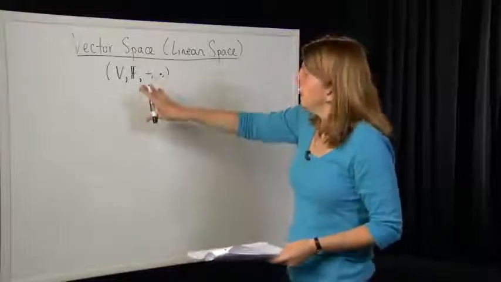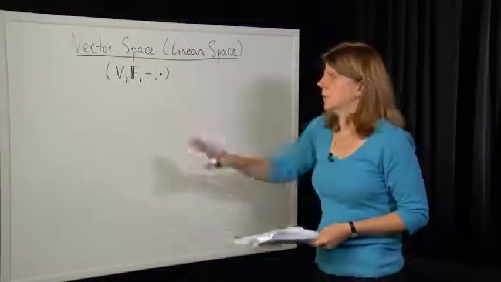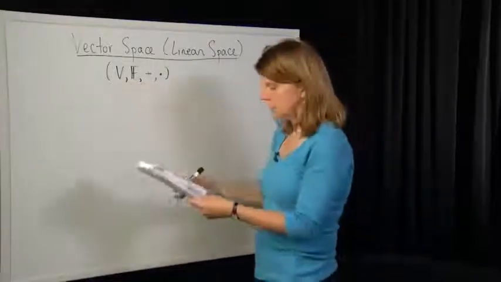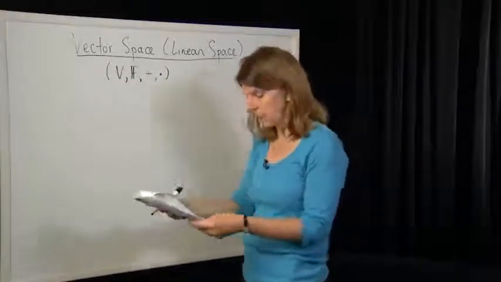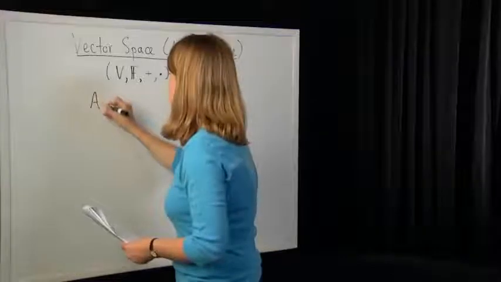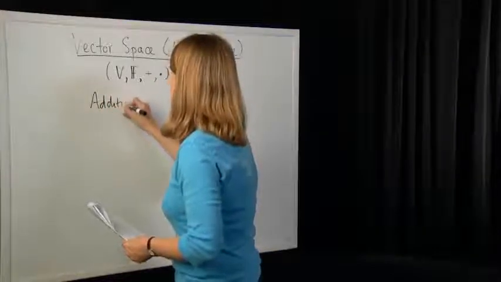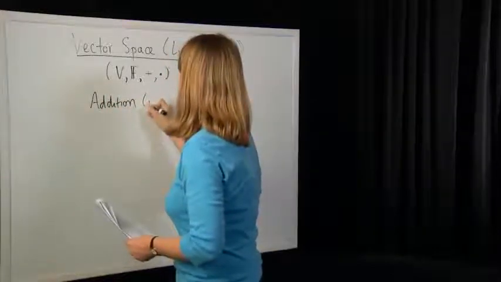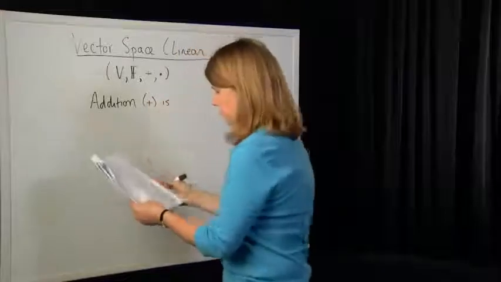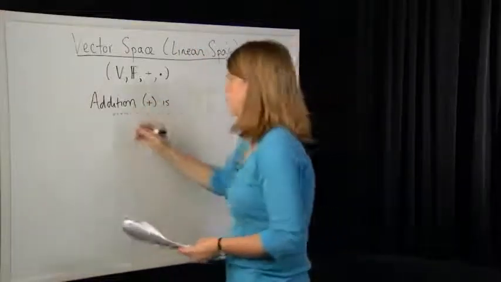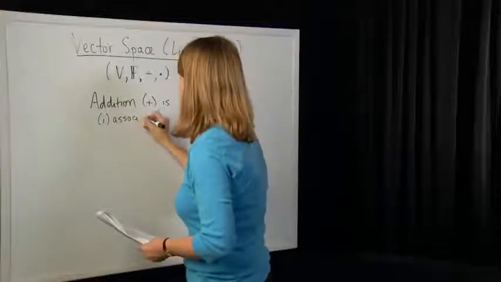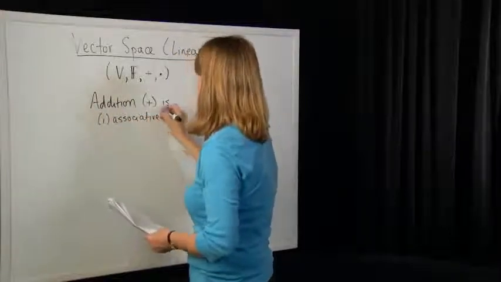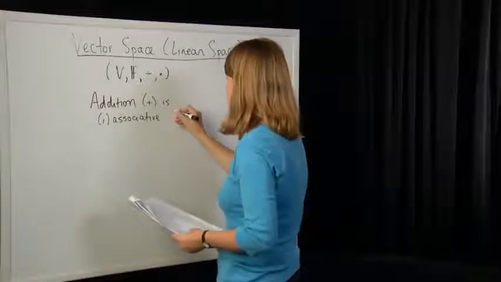Okay, so again, we have properties that we have to satisfy. So this is the vector space, and addition and multiplication have to satisfy several properties. So addition, plus, is associative. Associative, we know what that means. But let's just write it out because now we're operating on vectors.